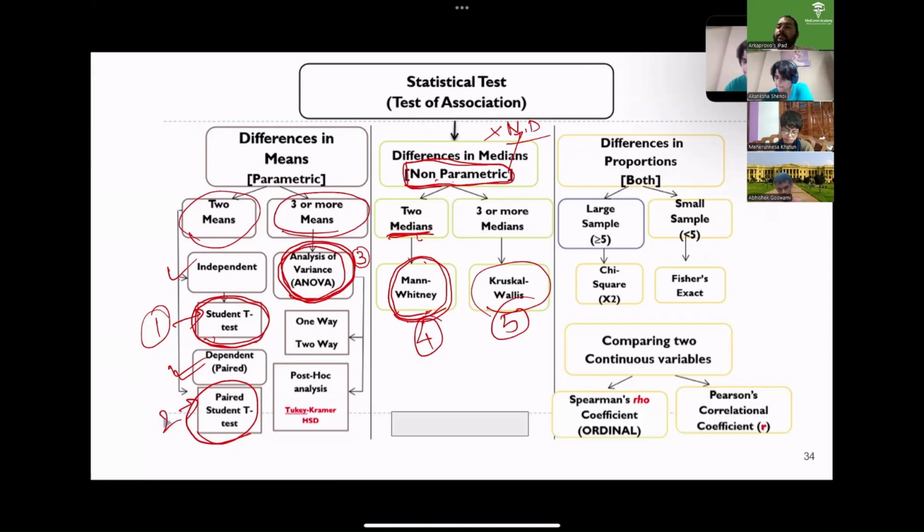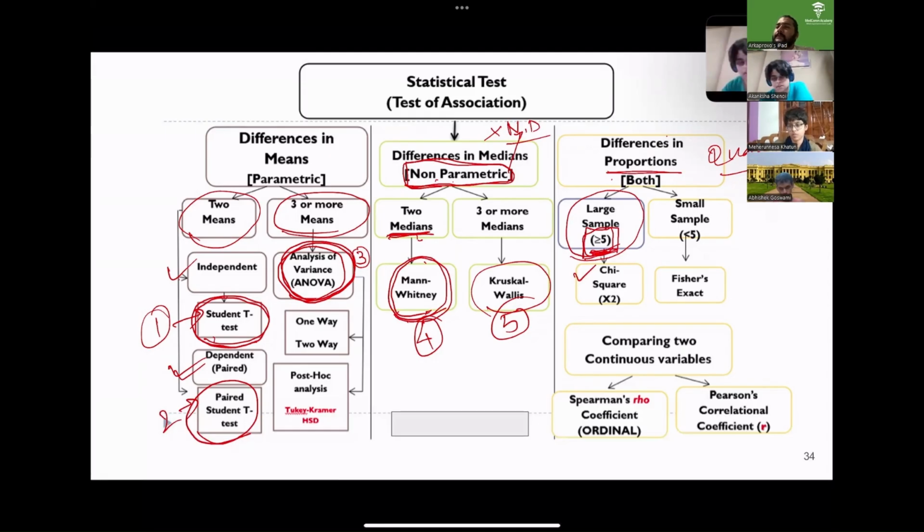Do remember. Next is difference of proportion. In which case are we doing the difference of proportion? Which kind of data? Qualitative data. Right? So when our difference of proportion is to be estimated, if the sample size is large, that is more than 5, we do chi-square test.